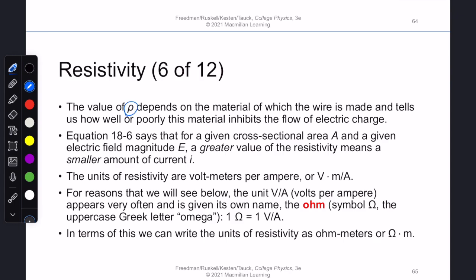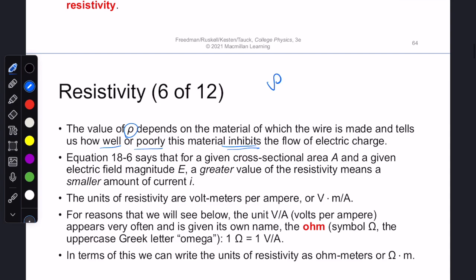And what rho tells us is how well or how poorly this material inhibits the flow of charge. So how well it resists current, the flow of charge. So if the resistivity is high, then there is a lot of resistance to current.